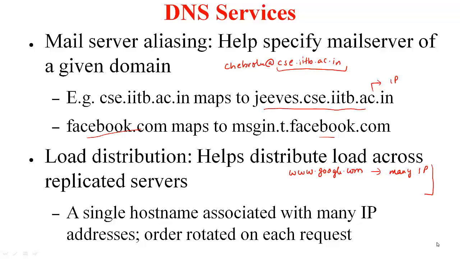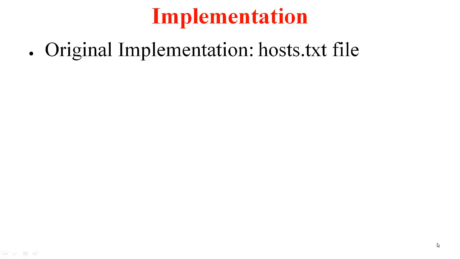So these are the services that DNS provides, but how are these services provided? Originally, in the very initial days of the internet, the DNS service was provided through a file called host.txt. At that time, there were different sites, and each site had many hosts. And there is a central authority.